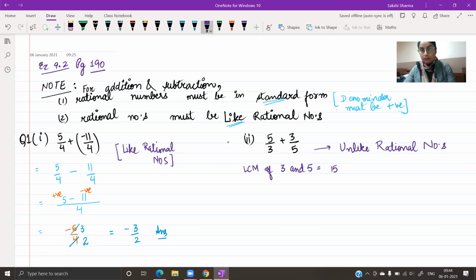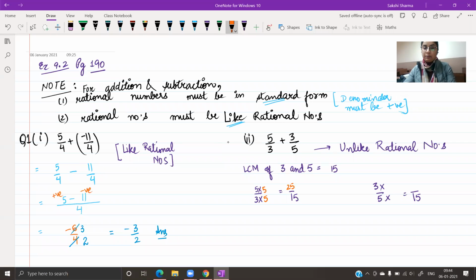Now I will be converting. You can have one extra step where you convert them one by one. For example, you can convert 5/3 and make the denominator 15. And then you can convert 3/5 and make the denominator 15. This will be multiplied with 5.